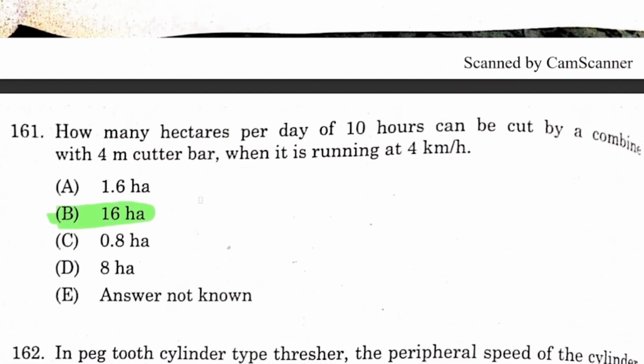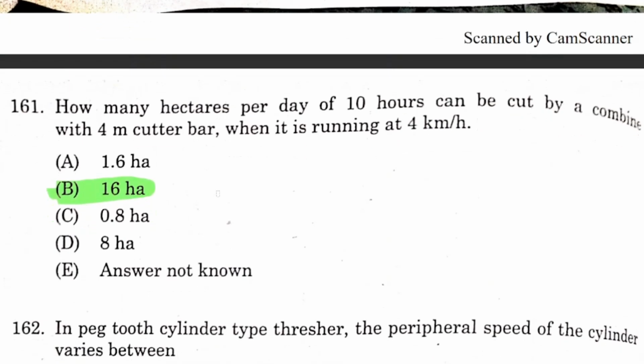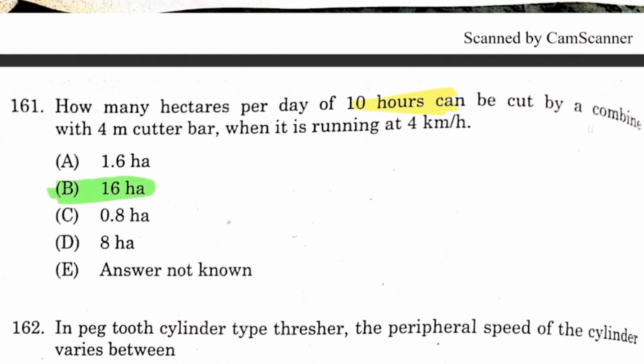Next one is how many hectares per day of 10 hours can be cut by a combine with a 4-meter cutter bar when running at a travel speed of 4 km per hour. This is a simple problem. Hectare means 10 to the power 4 meter square, that is area.